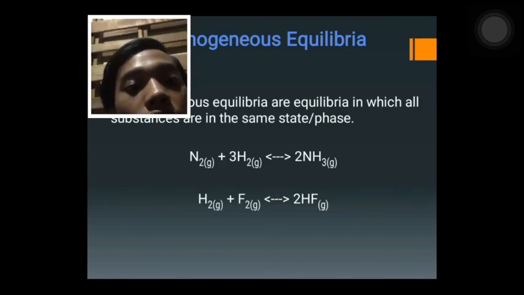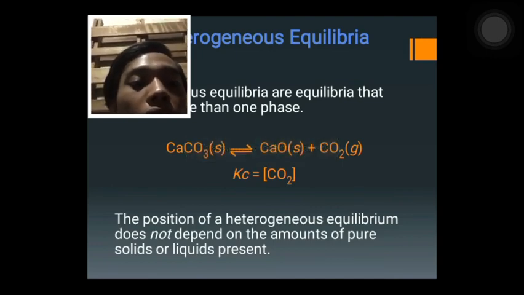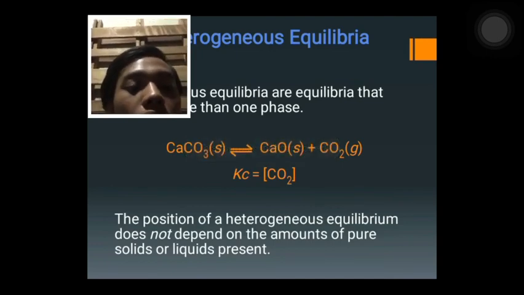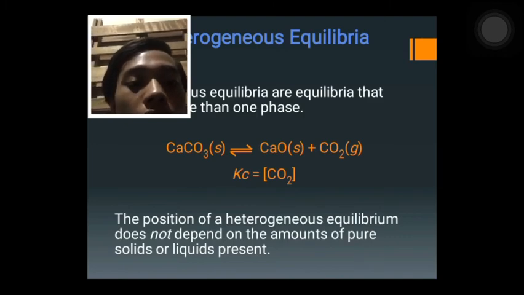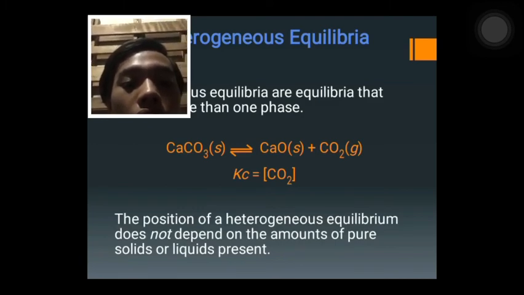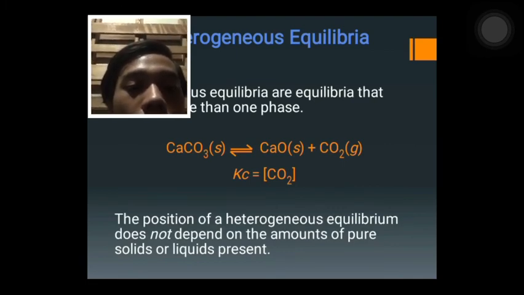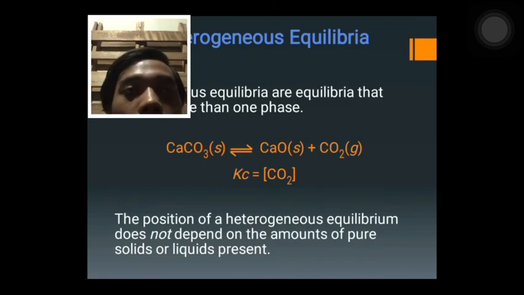Heterogeneous equilibria are equilibria that involve more than one phase. Example, calcium carbonate. There are two phases: S is solid and G is gas.